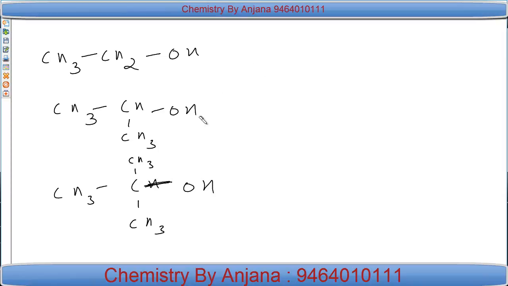This is primary, secondary, tertiary. The first case, primary alcohol. What happens is, in this type of reaction, according to the mechanism, the very first step is that the C-O bond breaks. This C-O bond is undergoing a cleavage, which results in a carbocation.